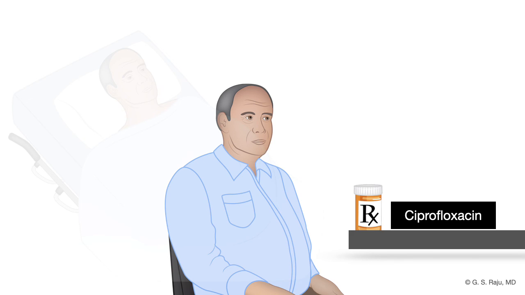And if you held the diuretics for whatever reason, you may need to restart them to increase the opsonin content in the peritoneal cavity so that it reduces the risk of repeat episodes of spontaneous bacterial peritonitis.